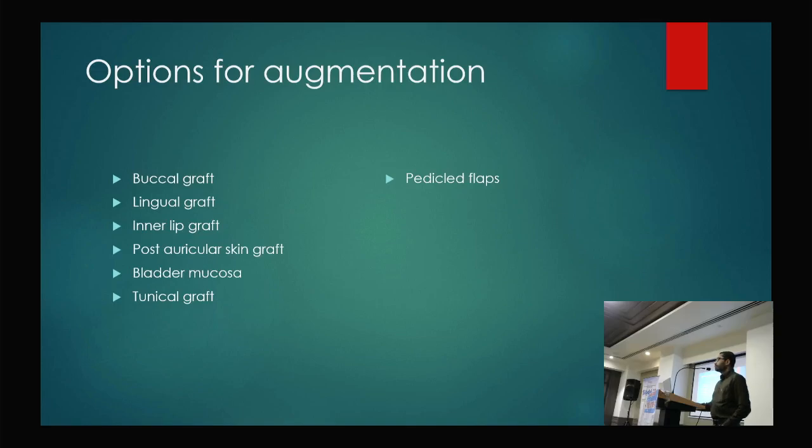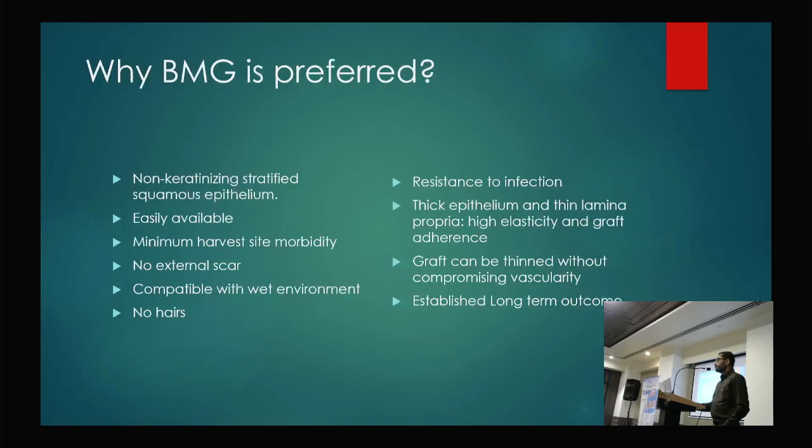There are multiple options described in the literature, but why has the buccal graft gained popularity? Because the epithelium of the buccal graft is the same as the urethral epithelium, which is non-keratinized stratified squamous epithelium, which is easily available and with minimum harvest site morbidity. It is compatible with the wet environment.